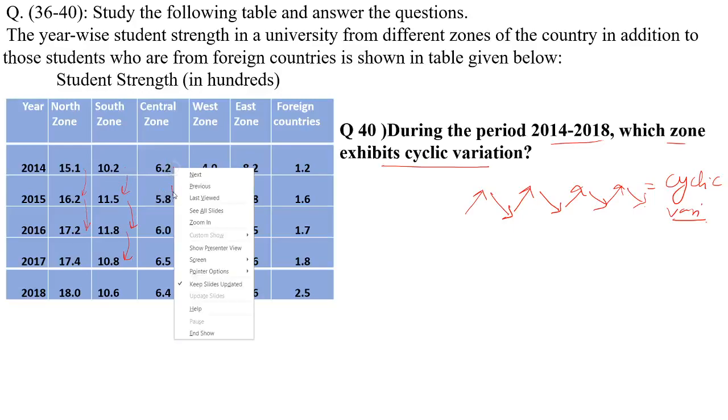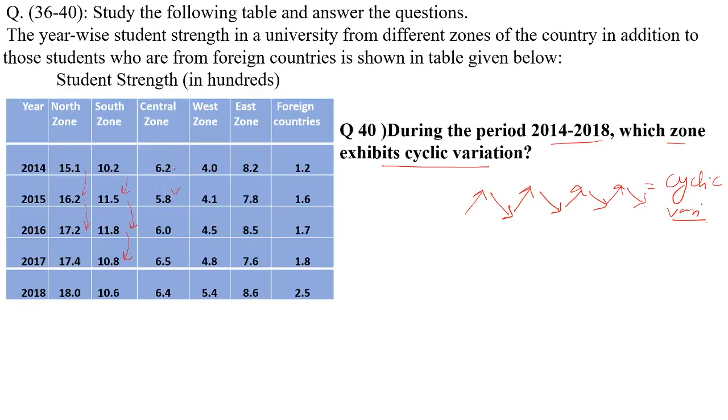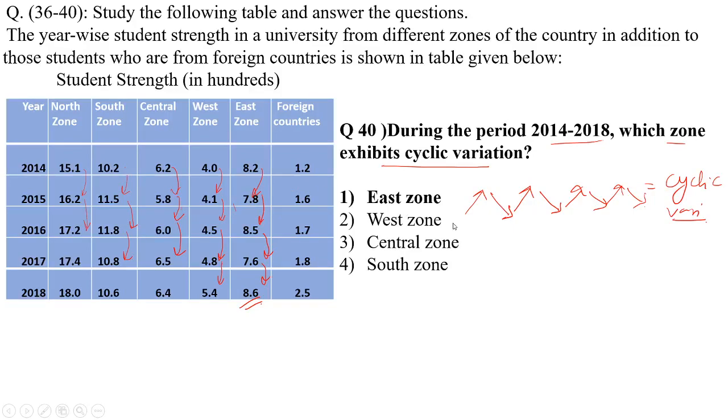Central zone, down first, then it goes up, then goes up, so up 2 times, so no. Then we come to west zone, here up, right, here low, so definitely no. We come to east zone, it's low, then high, then low, then high. So this east zone is the zone which shows the cyclic variation. Let's see the options. East zone.